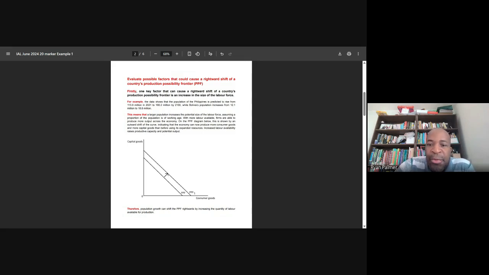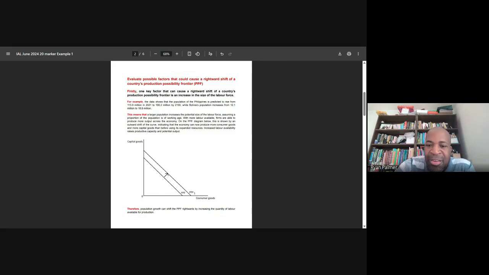And an increase in production will lead to a rightward shift in the PPF. On the PPF diagram below, this is shown by an outward shift of the curve, indicating that the economy can now produce more consumer goods and more capital goods than before using its expanded resources. So an increase in the PPF means that there's an increase in consumer goods and an increase in capital goods.